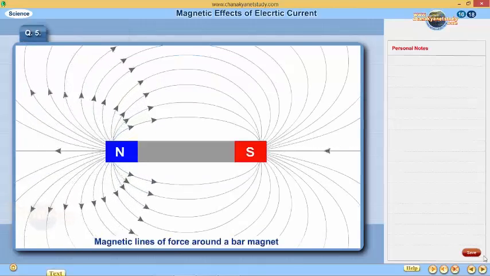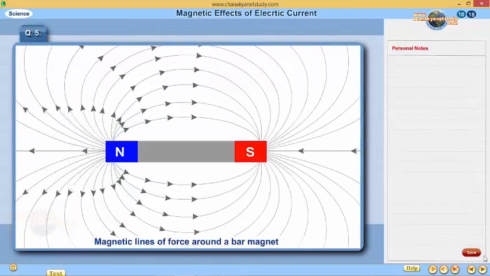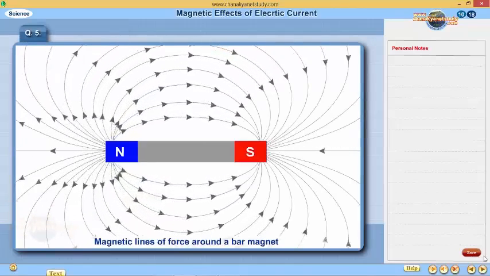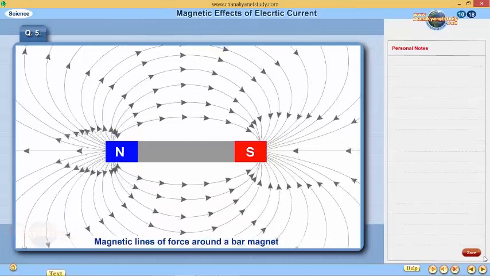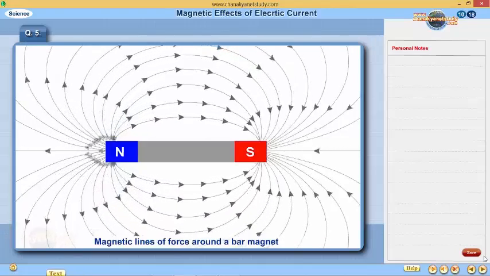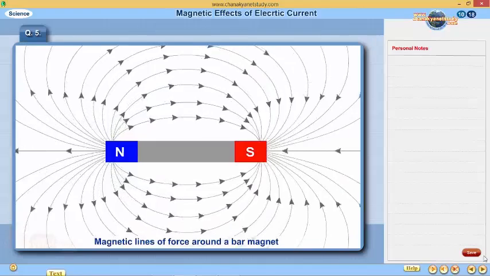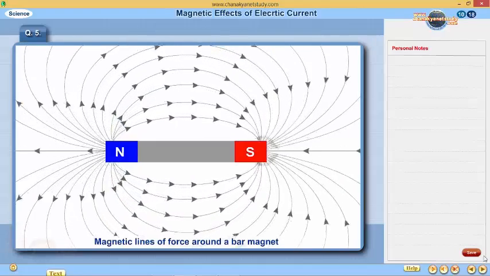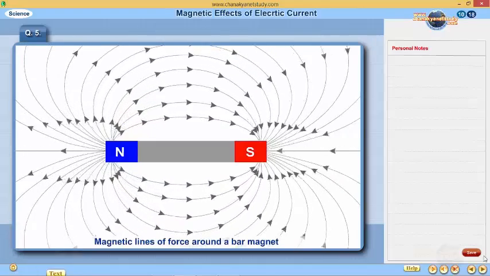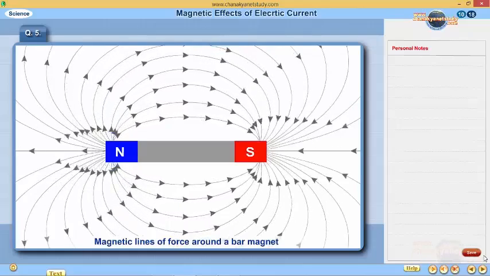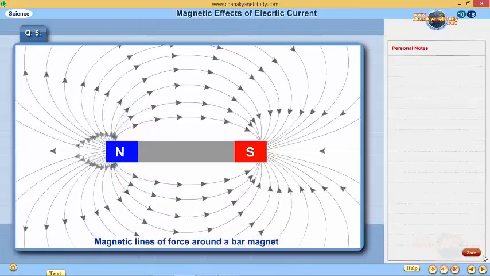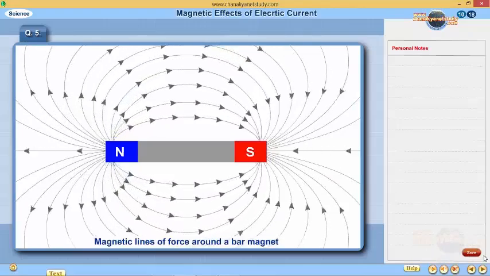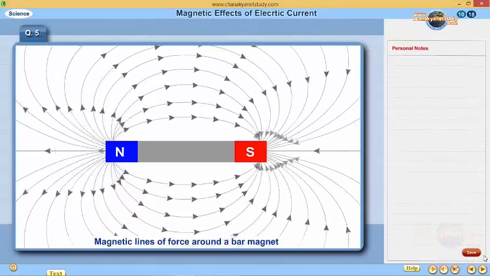Question number 5. 1. Give the characteristics of magnetic lines of force, or write the properties of magnetic lines of force or magnetic field lines. Answer. Characteristics of magnetic lines of force. 1. Magnetic lines of force are closed continuous curves. They start from the North Pole and end on the South Pole. 2.